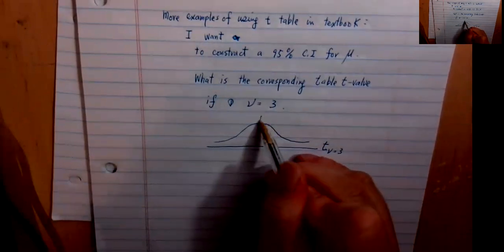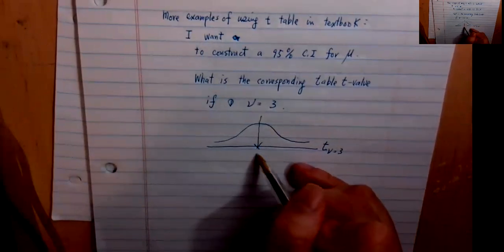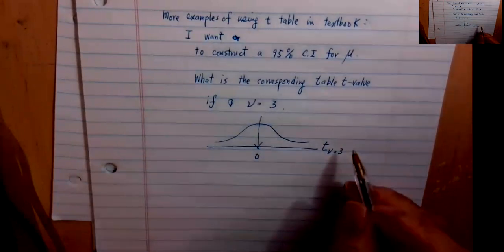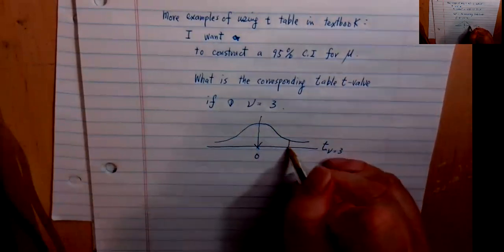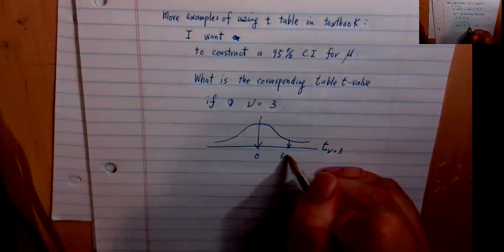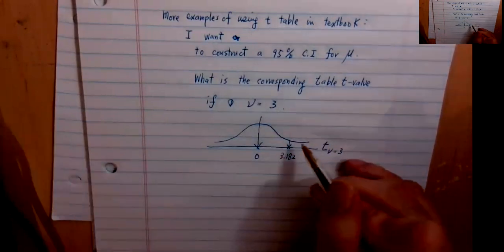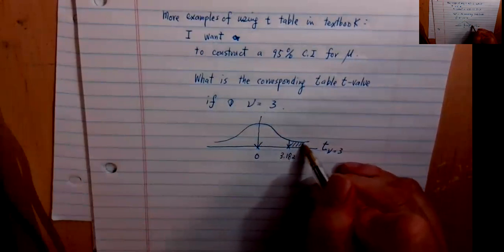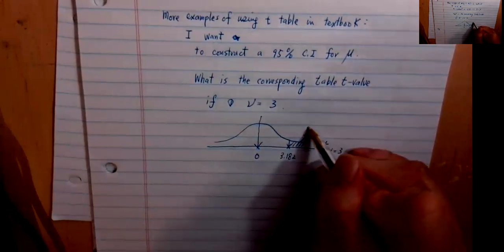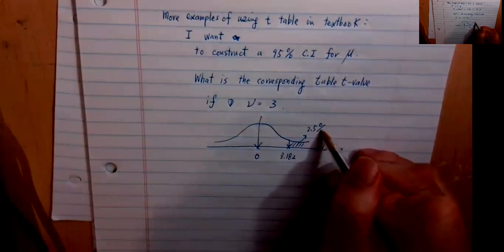This is t with nu equal to 3 degrees of freedom. And the center of the t curve is 0. And the number I just showed you is 3.182. The corresponding upper tail is 2.5%.